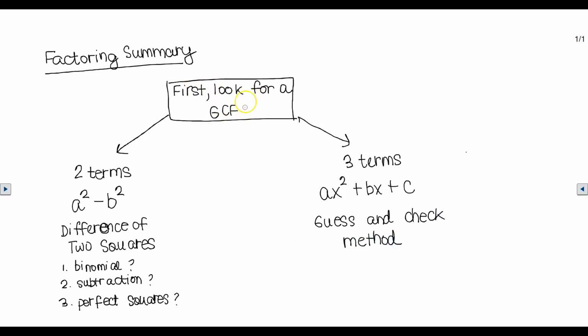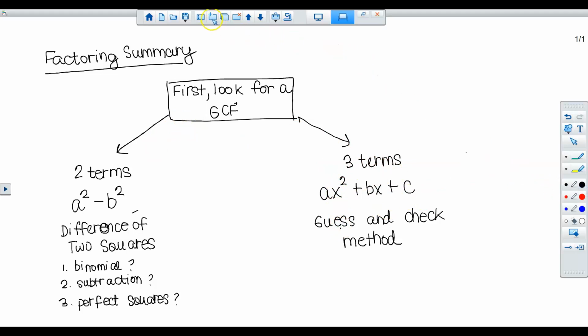So every problem is going to start out by looking for a GCF. If there is one, we're going to remove it. If there isn't, then we'll move on. And we'll look to see if what we're factoring has two terms or three terms. If it's two terms, is it the difference of squares? If it's three terms, is it ax squared plus bx plus c, so that we could try our guess and check method? So we're going to go through some examples here.